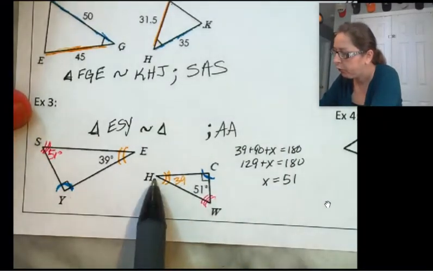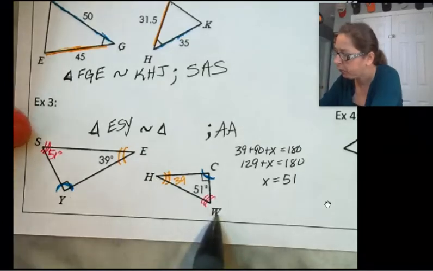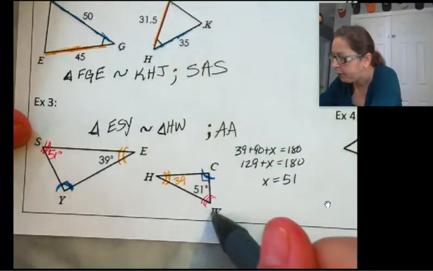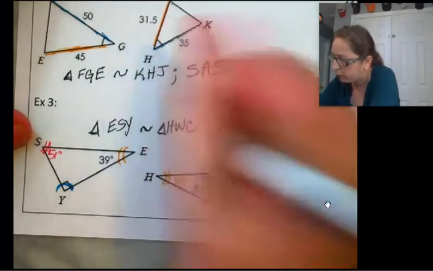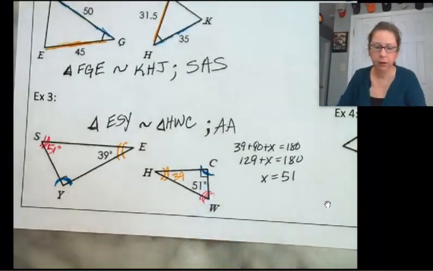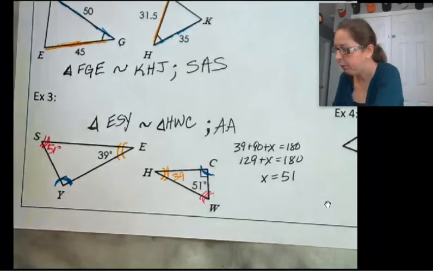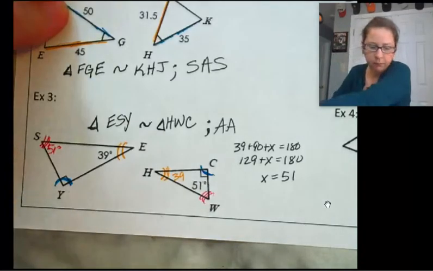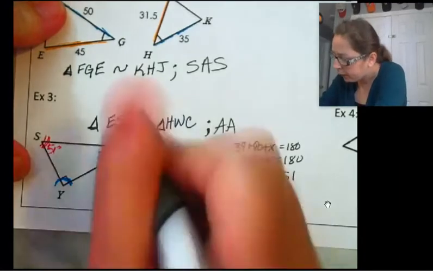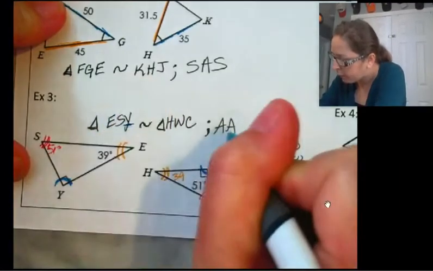Okay, let's do that again. Orange to red, so H to W, and then W to C. Okay, and notice that the colors match up. Okay, angle C and angle Y are the 90-degree angles, and they both come last.